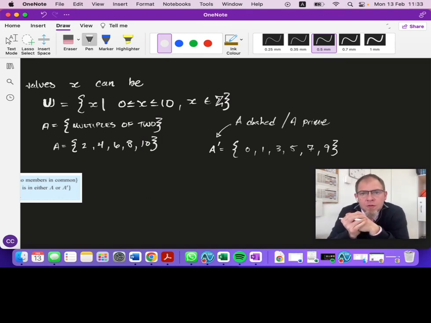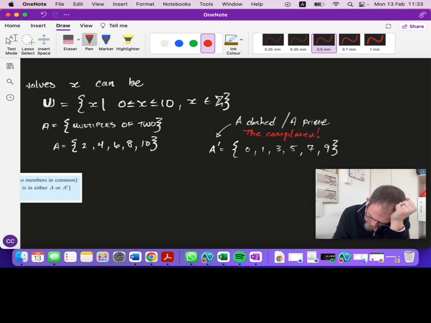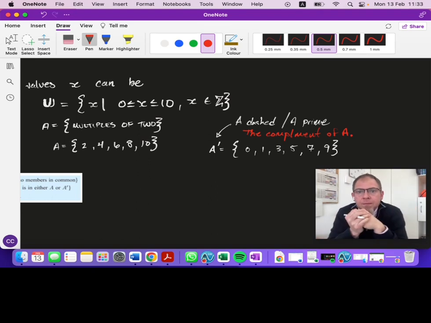And the fancy word we use in mathematics for this is the complement of A. The complement is the other things that are in our universal set that aren't in A. Just like when we did complementary angles and they had to add to 90, so 90 was our universal set.